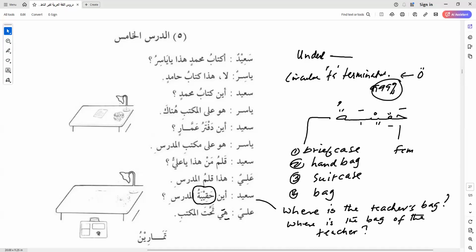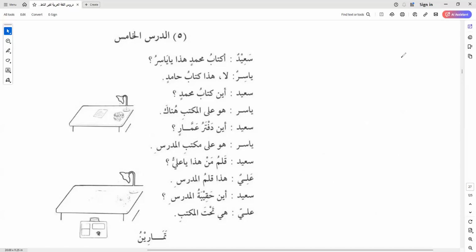So, haqiba, here, you can say hiya. Here, تحت المكتب. تحت shows us where the haqiba is. Now, تحت is telling us the place. Now look at the way it's written. Don't let the fancy writing bother you. It's basically ta, and then with the ha.